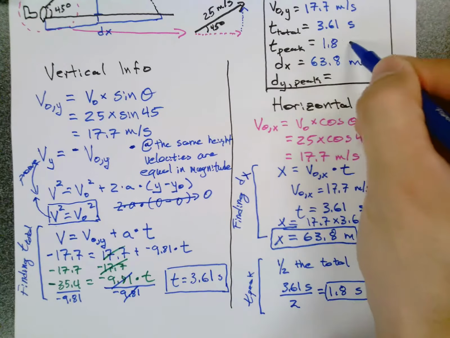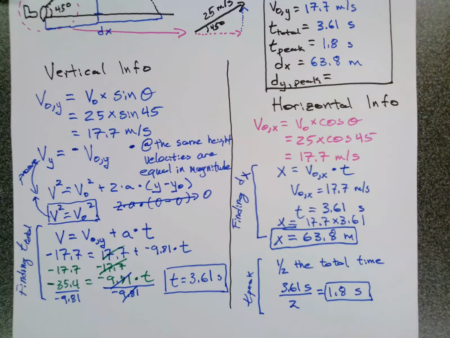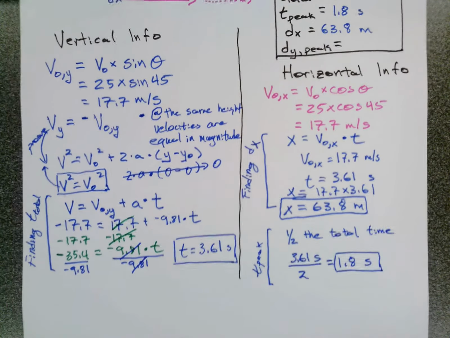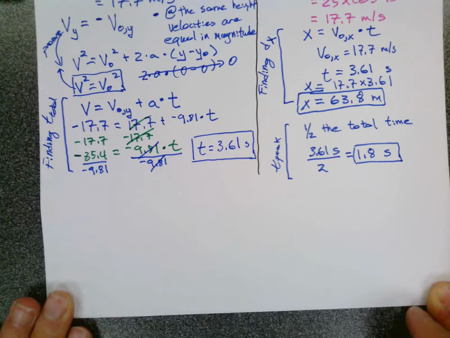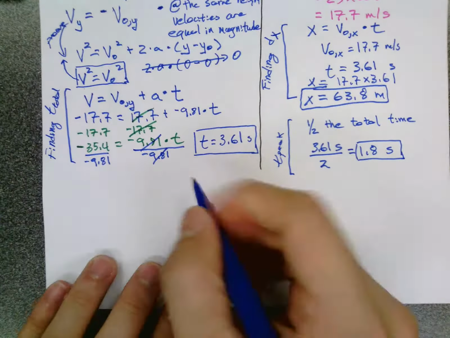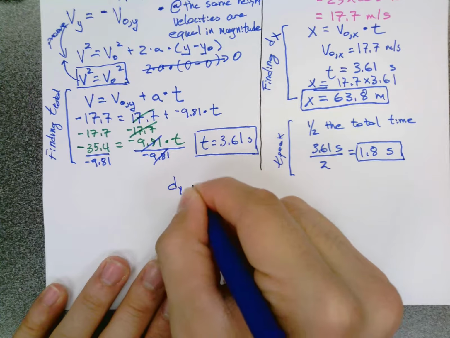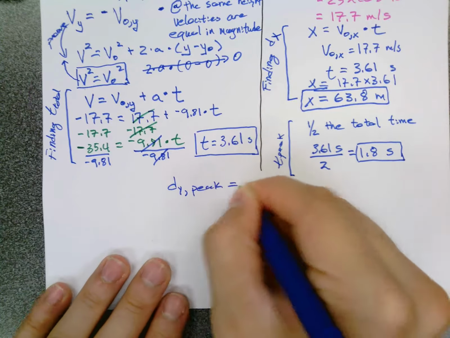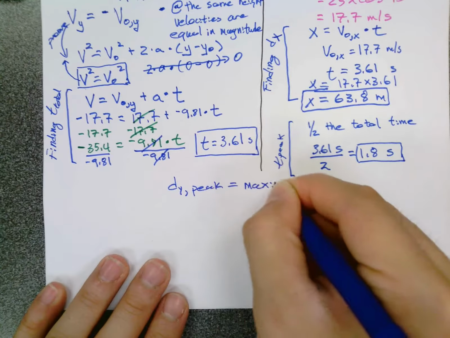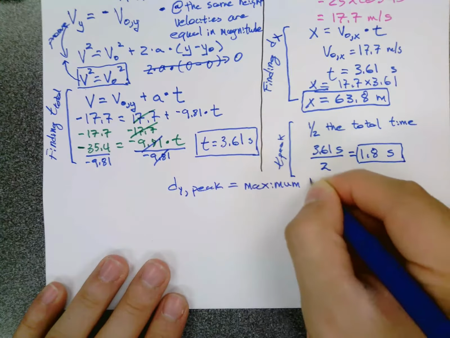1.8 seconds goes there. And then we want to find, last but not least, our distance in the y direction of the peak. I'll use the bottom half to do that. Distance of the y of our peak. Another word for that is maximum height.